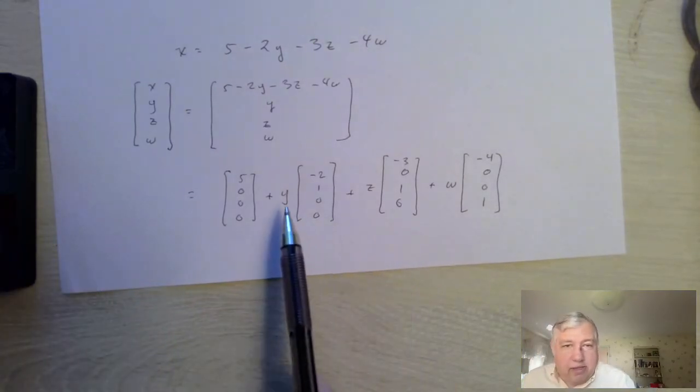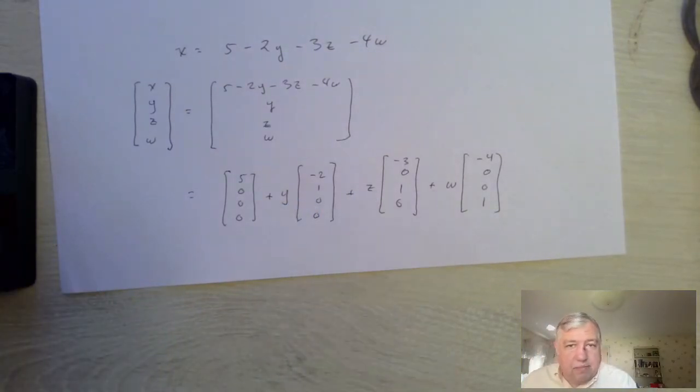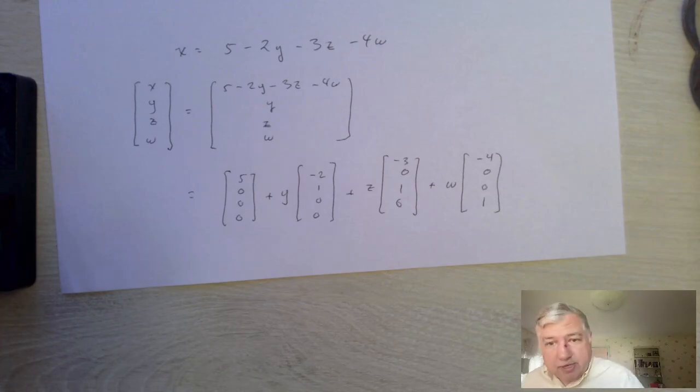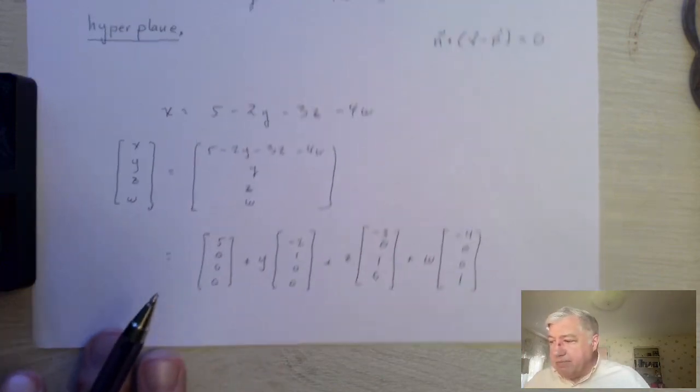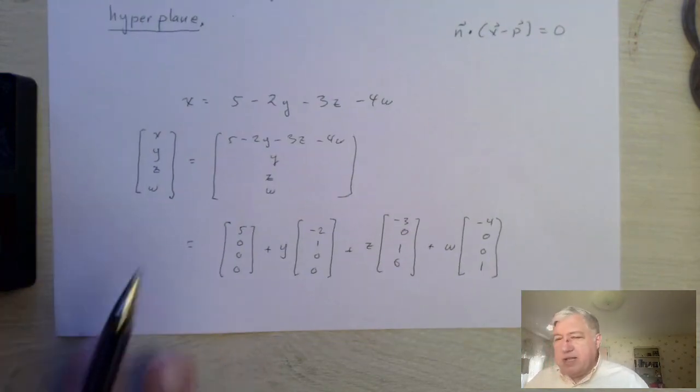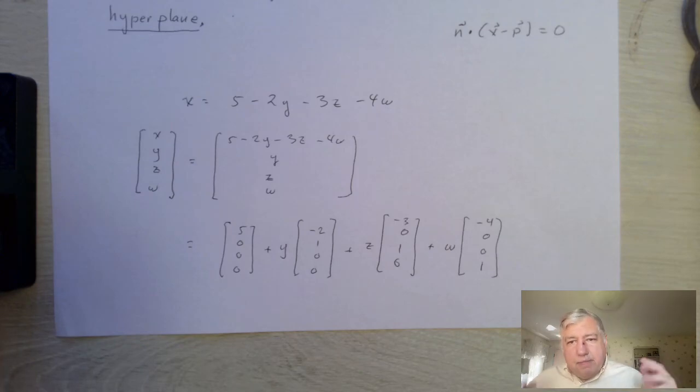And y, z, and w can be any real numbers we want. So now we actually have a 3-dimensional object in 4-space. And in general, a hyperplane in n dimensions is going to be n minus 1 dimensions. You're going to have 1 dimension less.